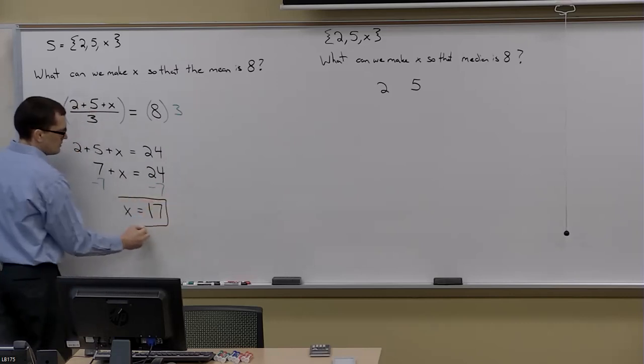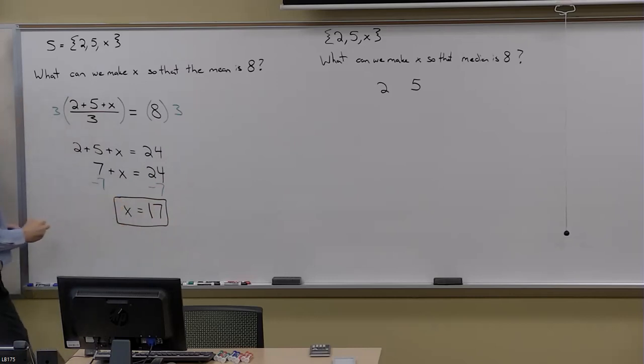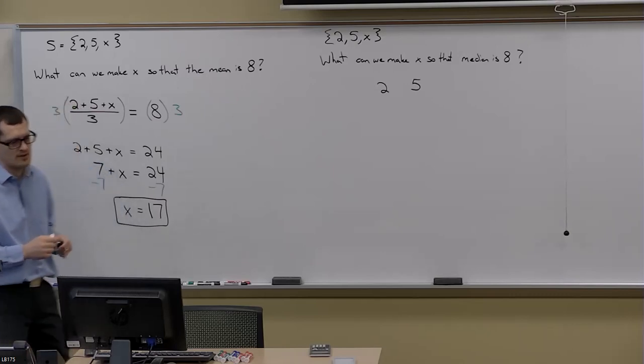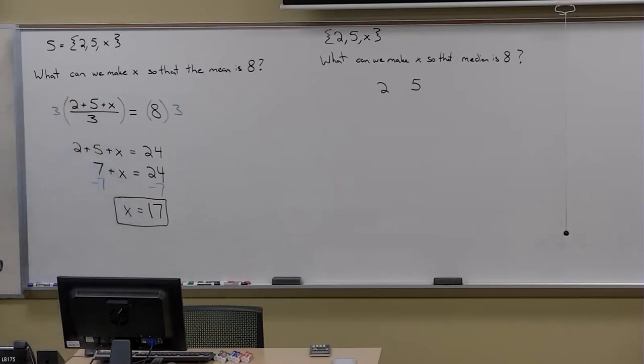So you can make the average 8 on that set as long as you make x big enough. x is 17. All right with that? That's pretty easy.